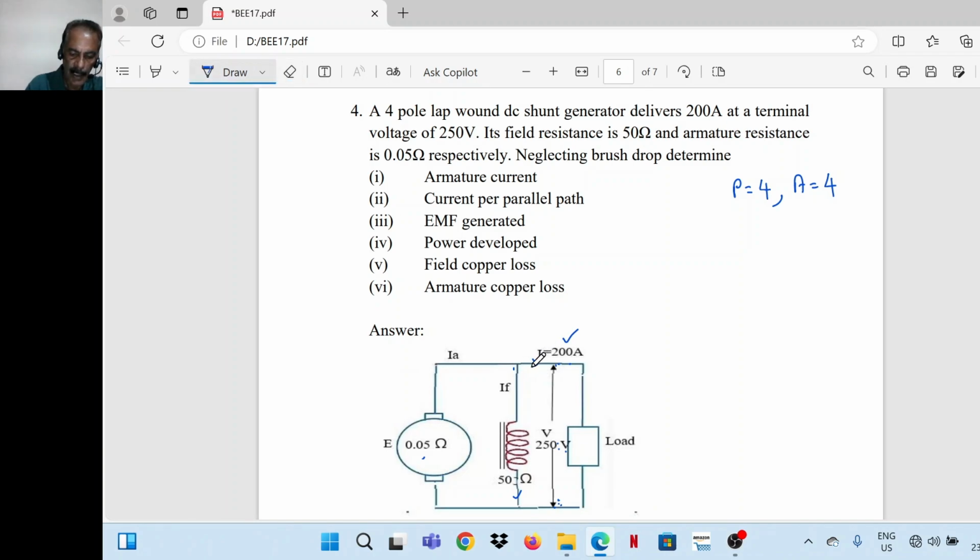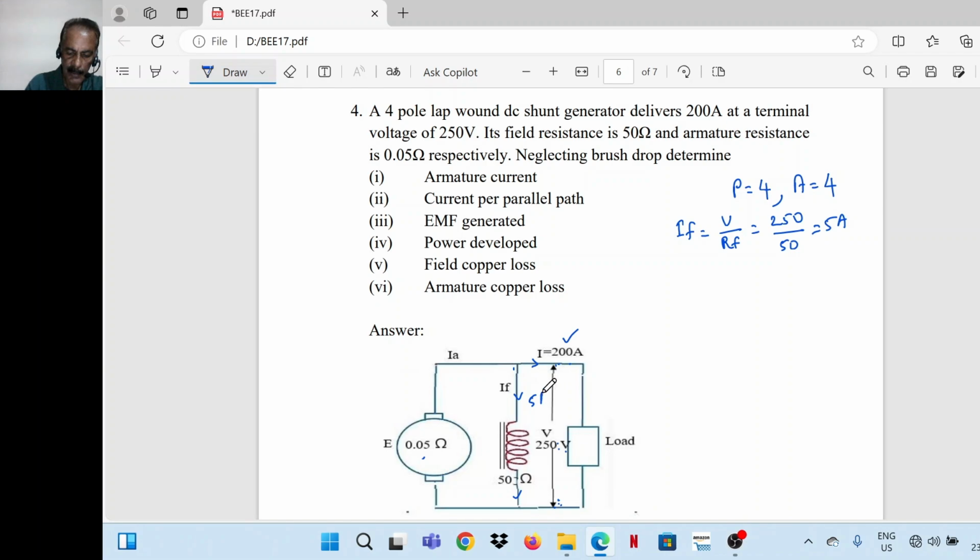So field current can be found. Here the voltage across the armature terminals or field terminals is available. That is 250 volts. Field resistance is 50 ohm. So field current is equal to V divided by resistance of the field winding. So IF is equal to V divided by RF, that is 250 divided by 50, that is 5 ampere.